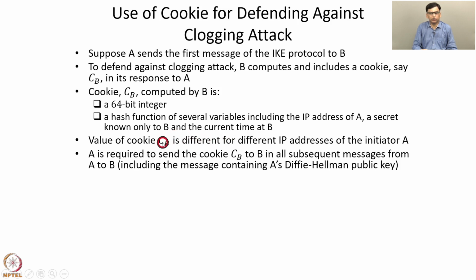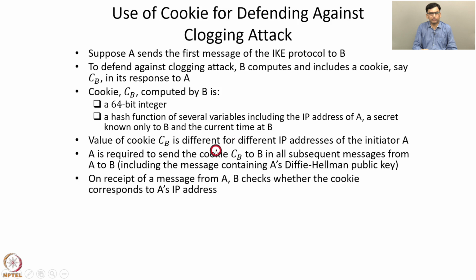Now, the cookie is used in the following way. A is required to send the cookie CB to B in all subsequent messages from A to B, including the message containing A's Diffie-Hellman public key. So the message containing A's Diffie-Hellman public key is received by B, and if it is okay, then B performs the modular exponentiation operation. But before performing the modular exponentiation operation, B verifies whether the cookie value is correct.